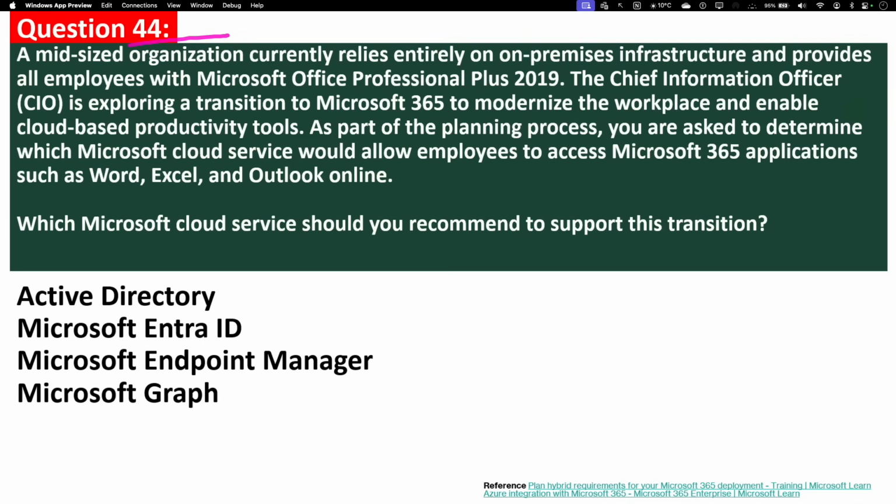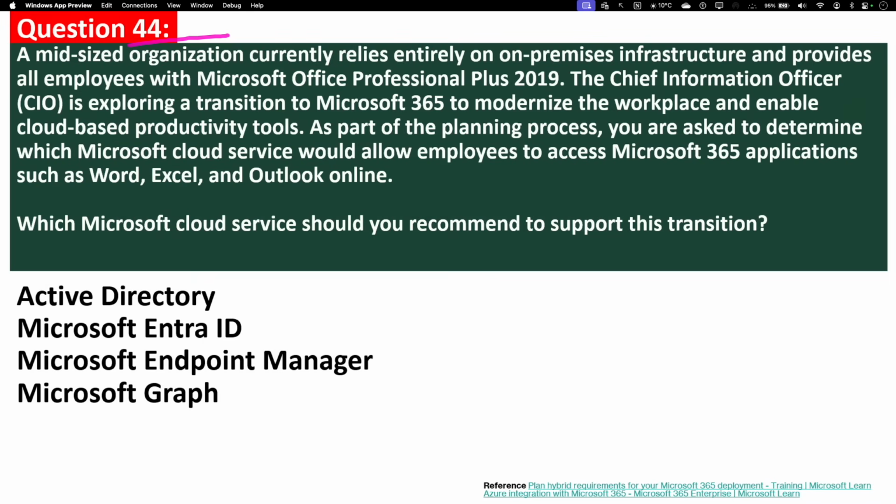Question number 44. A mid-sized organization currently relies entirely on on-premises infrastructure and provides all employees with Microsoft Office Professional Plus 2019. The CIO is exploring a transition to Microsoft 365 to modernize the workplace and enable cloud-based productivity tools.